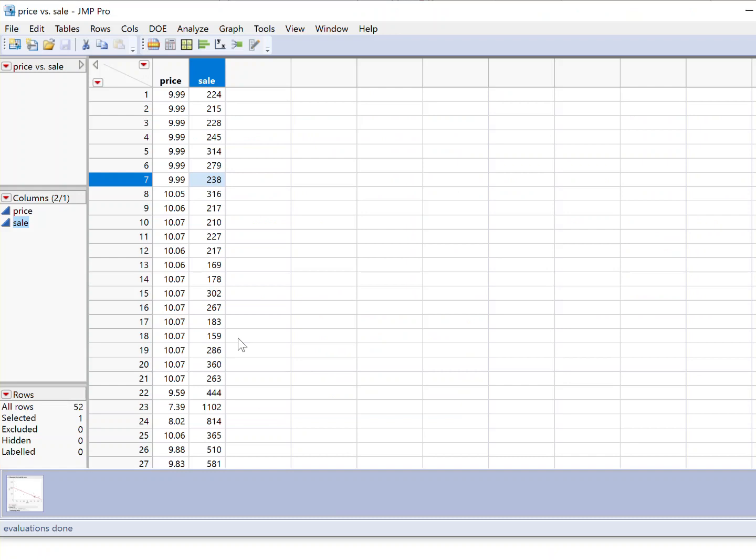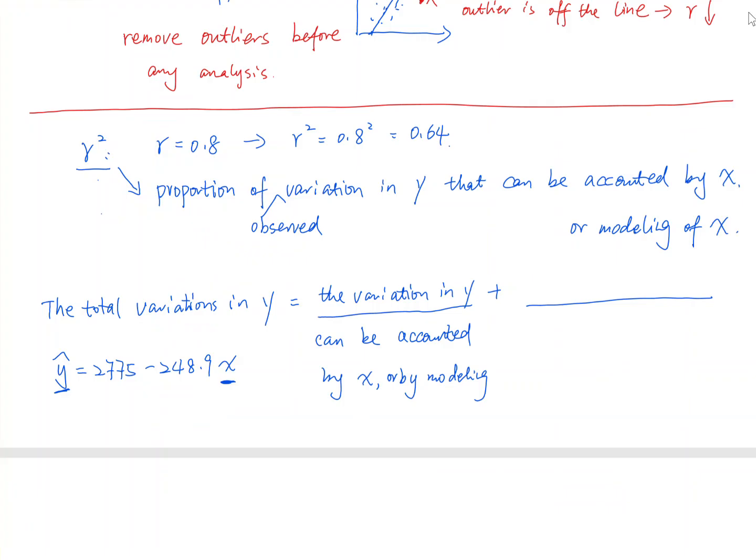But now if you look at the data, you see these stores all have the same price, 9.99. But if you look at their corresponding y, they are not the same. They still have different values, right? So why do they still have different values? Because the second part of the variation in y is caused by the random error.